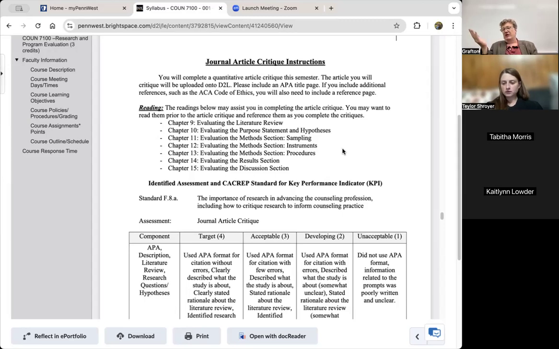So if they were studying anxiety, did they use Beck's anxiety inventory? Did they use Beck's depression inventory? What did they use to measure the results? And how did they go about doing it? And then what were the results?